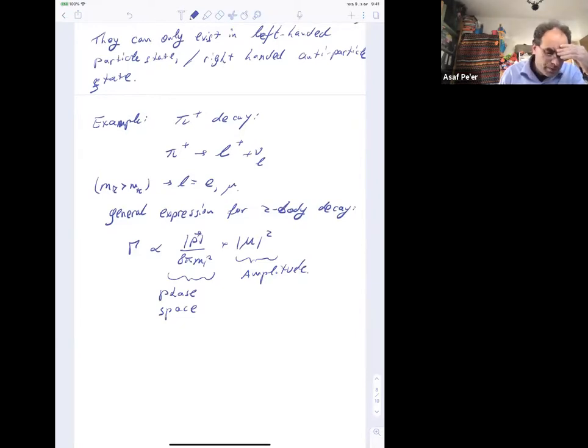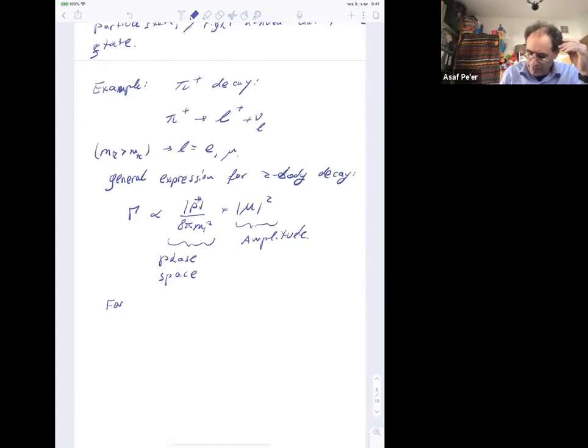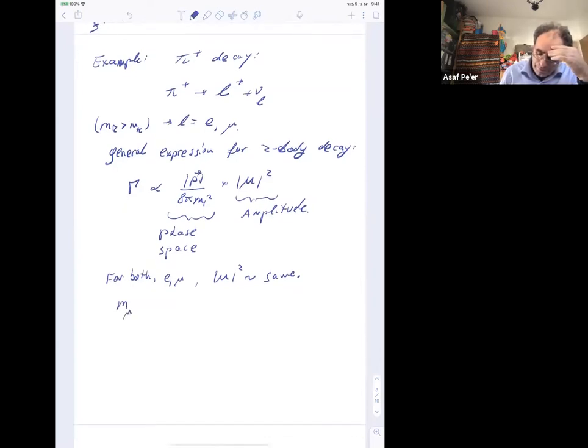Now, for both leptons, electron and muon, the matrix element is about the same. The difference is that the mass of the muon is much greater than the mass of the electron, which means that when we produce an electron, it is produced with a much larger momentum.